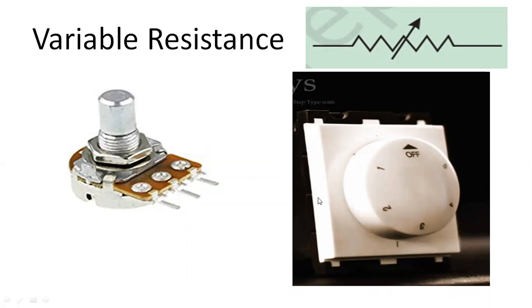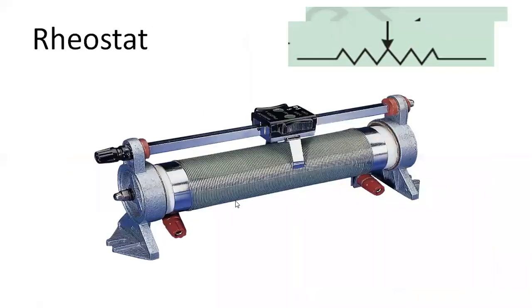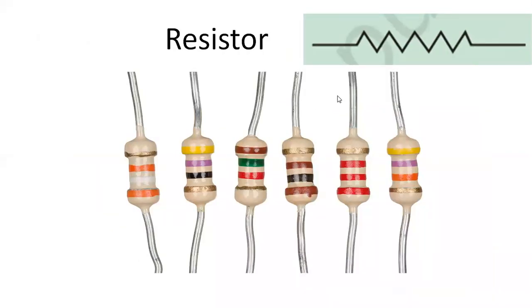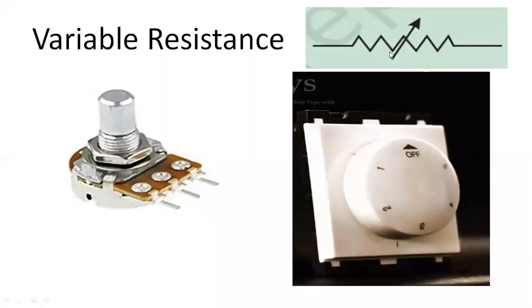These are variable resistances, and for them they keep those zigzag lines as they are, but they put an arrow over it. The meaning of this arrow is that this resistance can be changed. Give me a response in the chat box. Have you understood the main difference between the symbol of fixed resistance and the symbol of variable resistance? Understood? An arrow over the zigzag lines means that resistance can be changed.